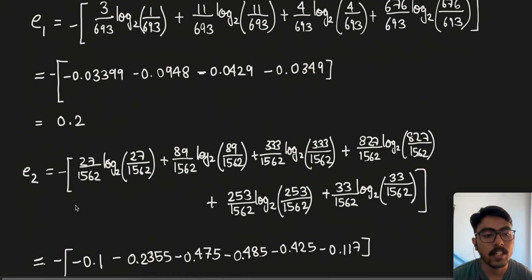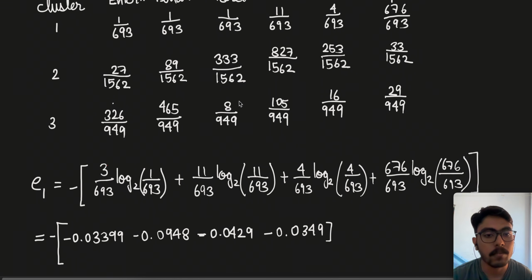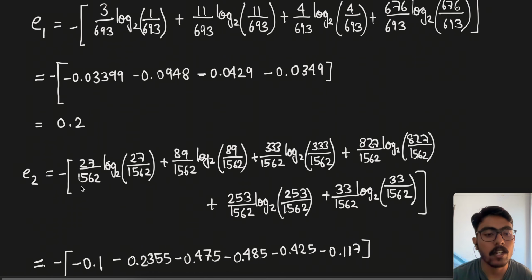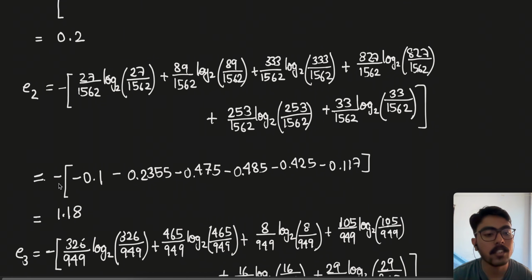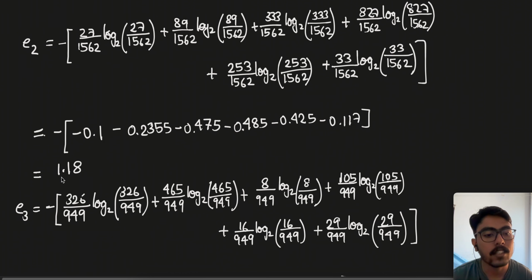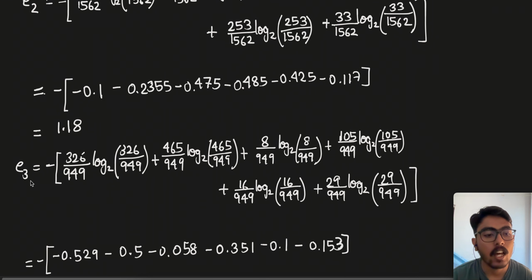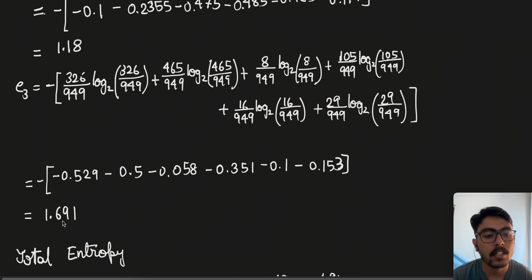Next, for the second cluster, we do the same thing using these values, exactly the way we did for E1. Remember, there is a minus sign outside, so we get 1.1. Then E3, similarly, we get 1.691.